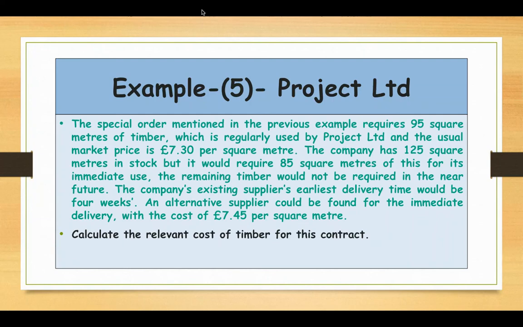And the remaining 55 square meters, they can buy at a higher price of £7.45. So the relevant cost of timber here is going to be 40 times £7.30 plus 55 times £7.45. So the relevant cost is going to be £701.75.